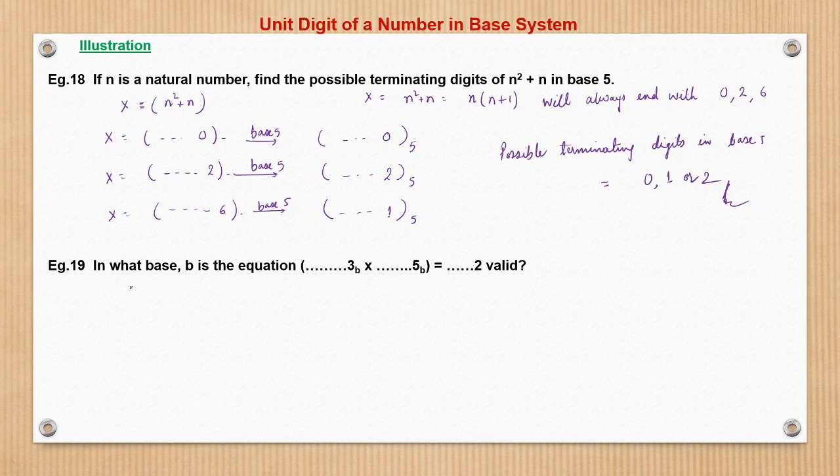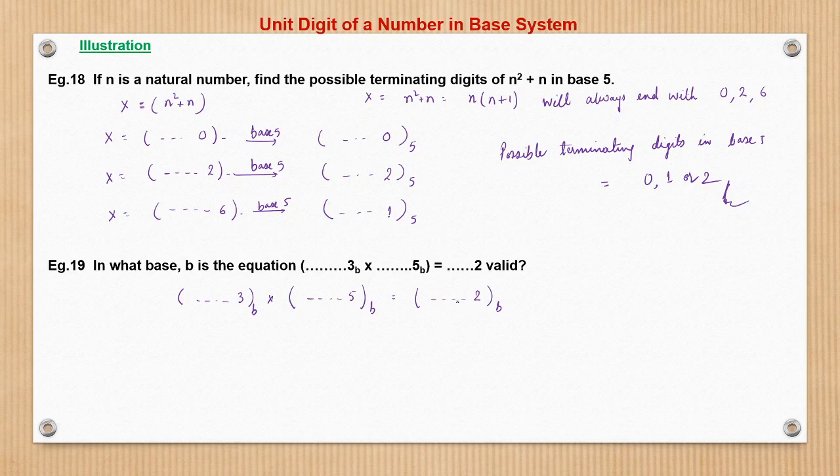In question number 19, in what base b is the equation valid? So see here, this is any number which ends with 3 in base b multiplied with any number which ends with 5 in base b gives 2 in base b.